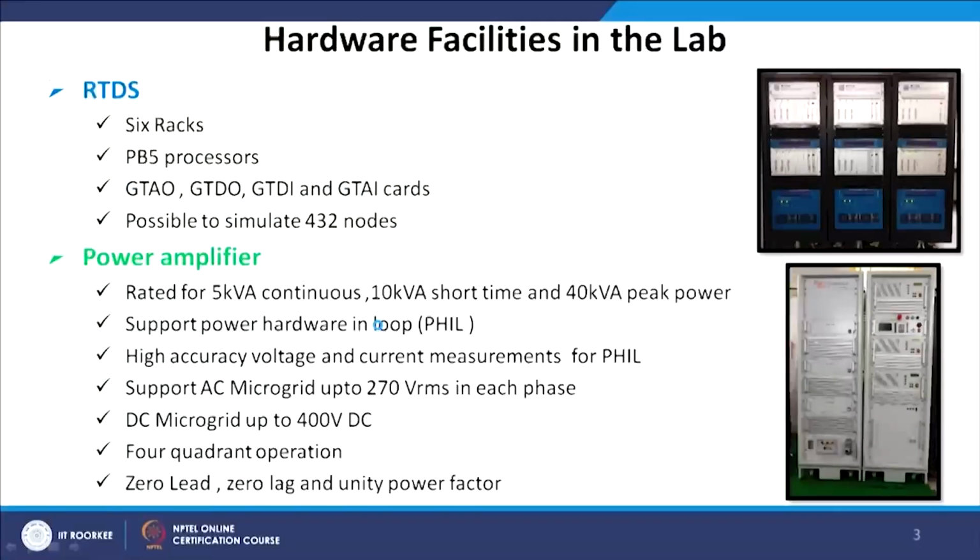If you would like to connect a DC microgrid to this amplifier, it can accommodate up to 400 volts DC. It can operate in all 4 quadrants, and finally, it can handle zero lead, zero lag and unity power factor operations.